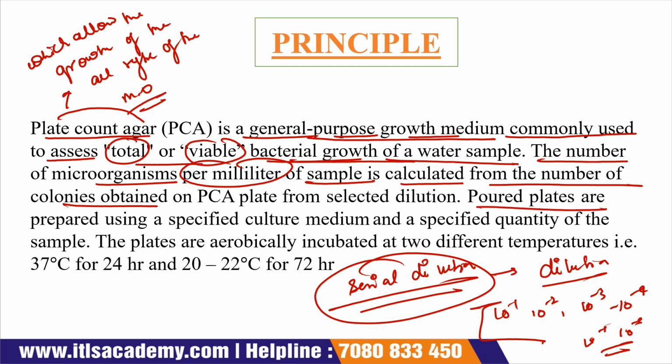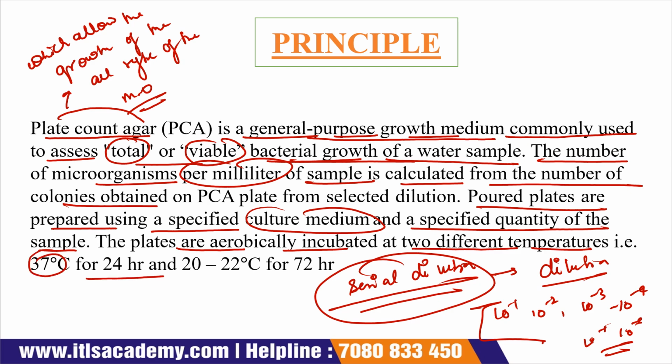Now, pour plates are prepared using a specified culture medium and a specified quantity of the sample. The plates are aerobically incubated at two different temperatures: 37 degrees Celsius for 24 hours, and 20 to 22 degrees Celsius for 72 hours.